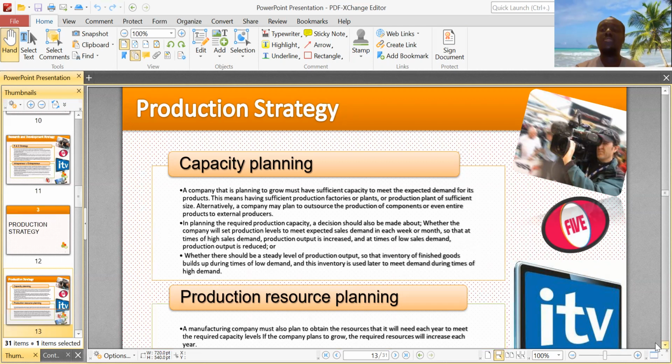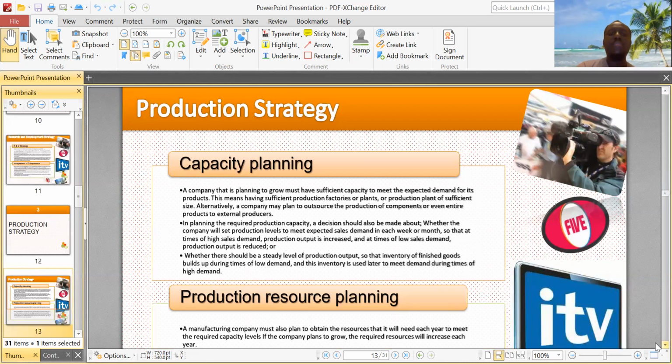It's also possible that the company may plan to outsource the production of components, or even entire products, to external producers. So that's capacity planning. You must have sufficient production factories to be able to supply the whole of Africa or the whole of the United States with, let's say, steel. Your production plant should have that capacity.